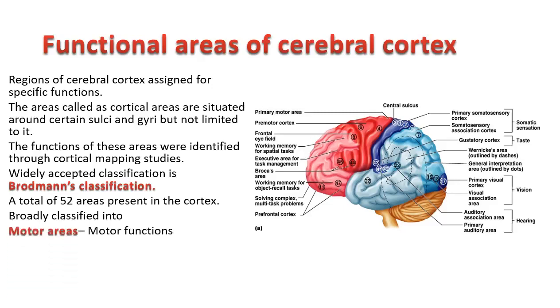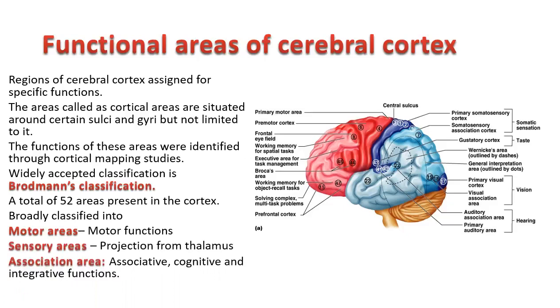Motor areas can simply be called the motor cortex, the sensory areas the sensory cortex, and areas associated with the motor or the sensory can be called association areas. They are associative, cognitive and integrative. So the integration of motor and sensory areas and the cognitive functions are all concerned with the association areas. So simply you can classify into motor, sensory and association areas.